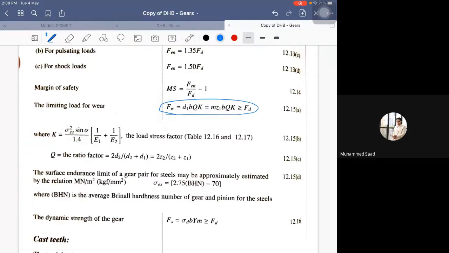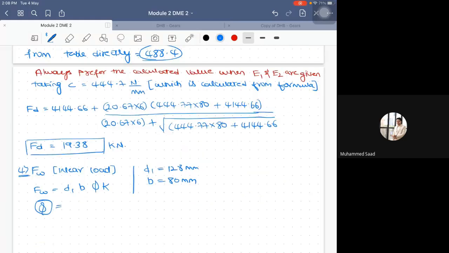Now, any information regarding Q in the data handbook? Here he has given, just look here. Q is called the ratio factor. Either you can go with 2 D2 divided by D2 plus D1, or 2 Z2 divided by Z2 plus Z1. I would take Z. From the data handbook, Q is equal to 2 times Z2 divided by Z2 plus Z1.